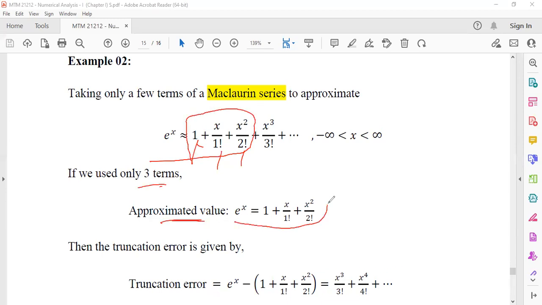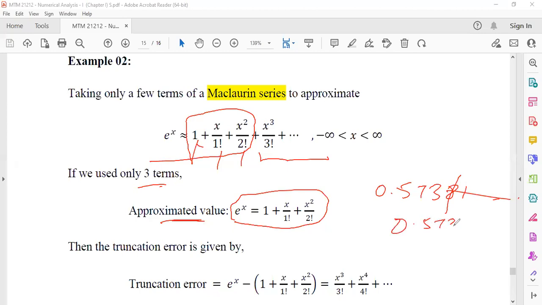So e to the x can be taken as only this part. So what is this part? For example, 0.57381, something like that. If I cut off this, I have 0.573. What are these cut-off values? What do we call this part?